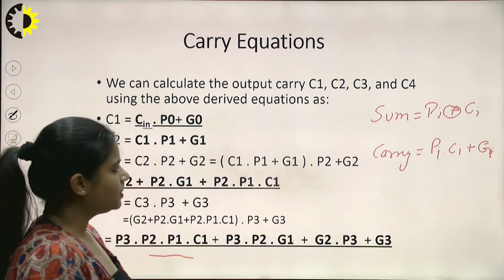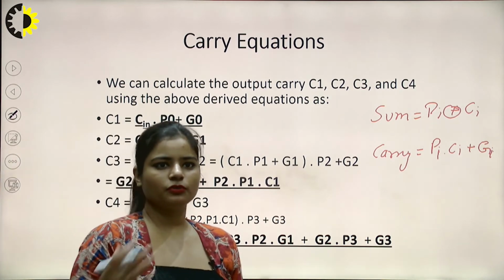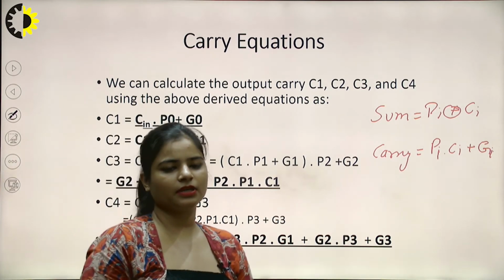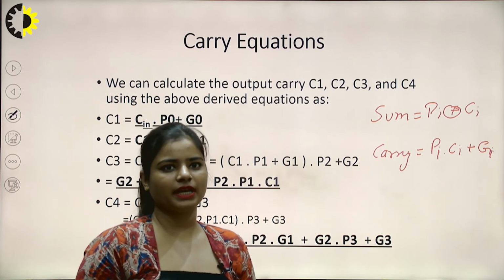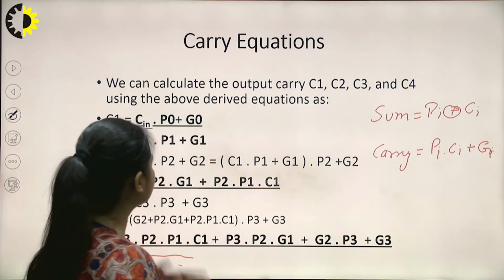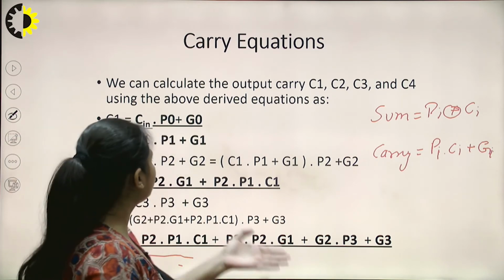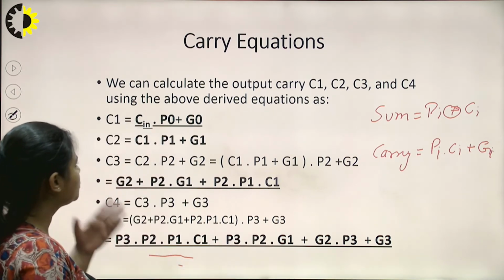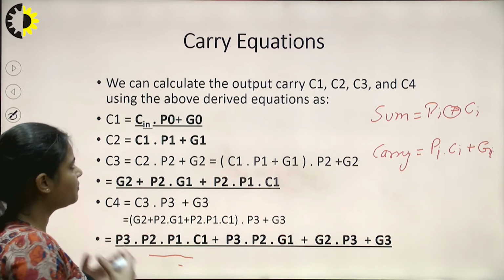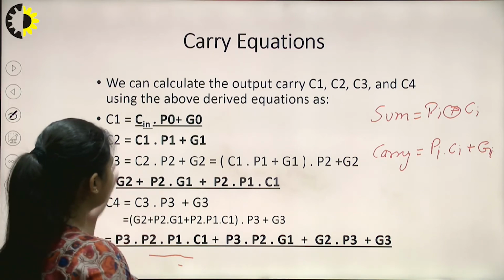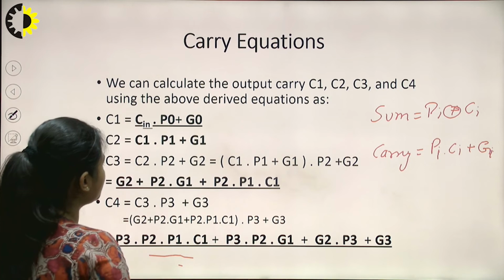So we will put the values from 0 to n in this particular equation, and we can have all the carry outputs. Let's find out all the carry values. C1 is basically our first Cin, so Cin dot P0 plus G0.